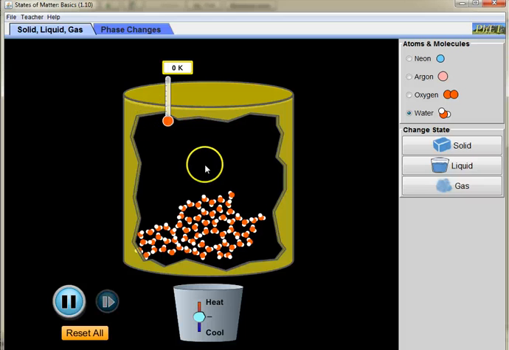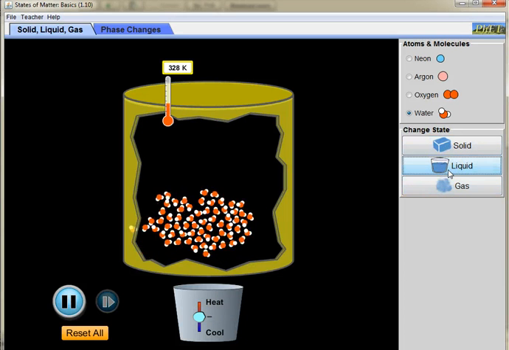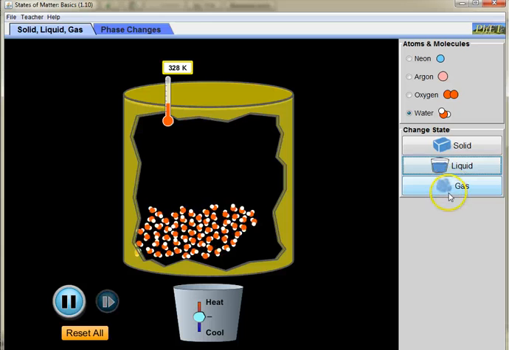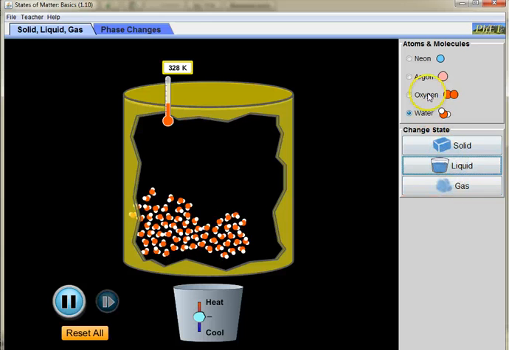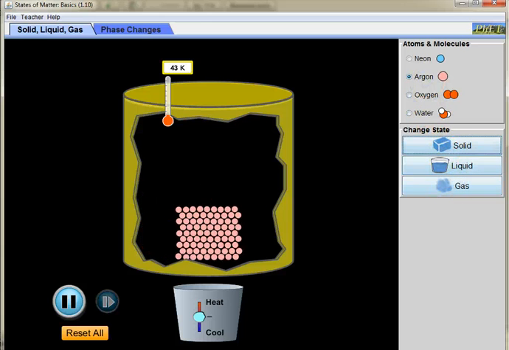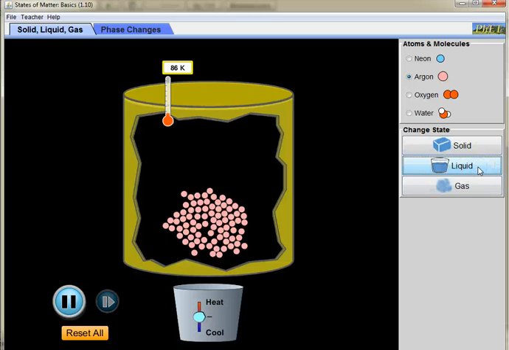Okay, so let's change our lab to a different lab. One more thing, let's use this one thing. Let's talk about argon in a solid state and argon in liquid state.